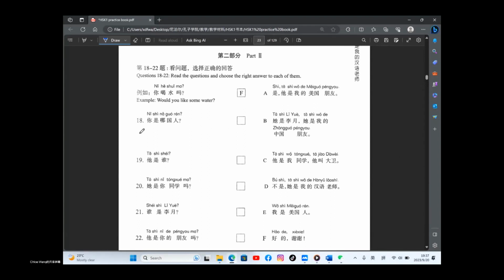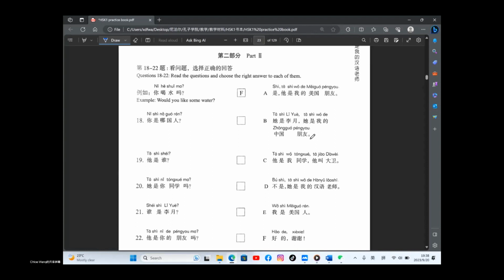Question 18. 你是哪国人？ What's your nationality? So which answer answers the nationality? First one, 是，她是我的美国朋友. Yes, she is my American friend. It's not appropriate. B, 她是李月. 她是我的中国朋友.